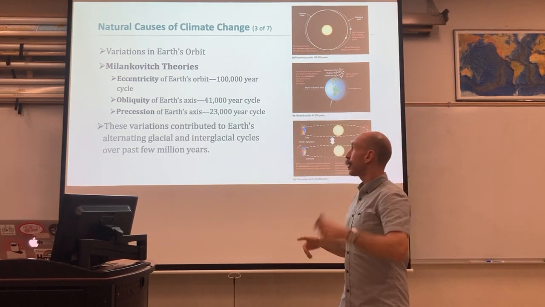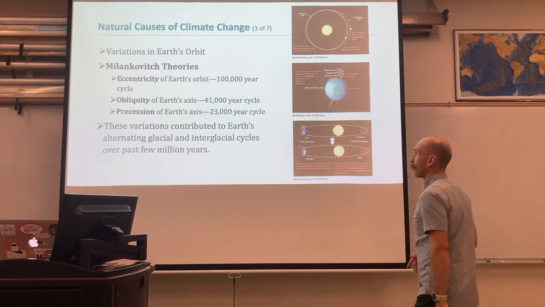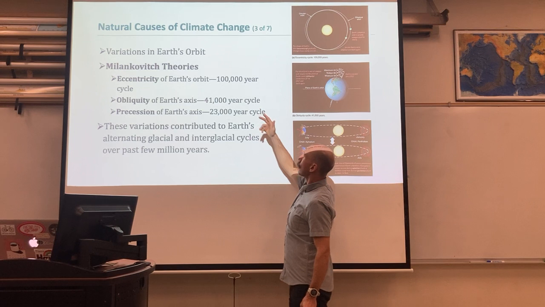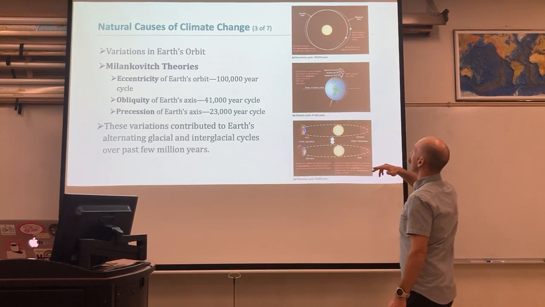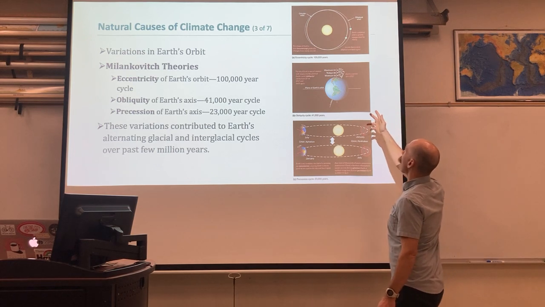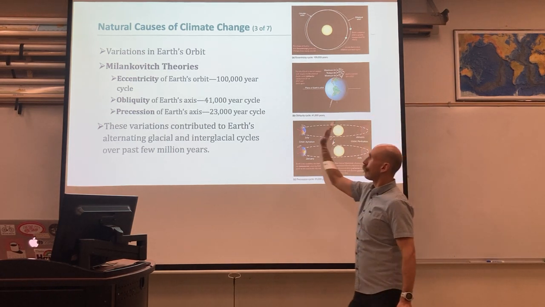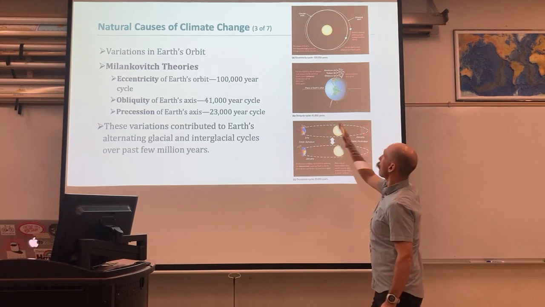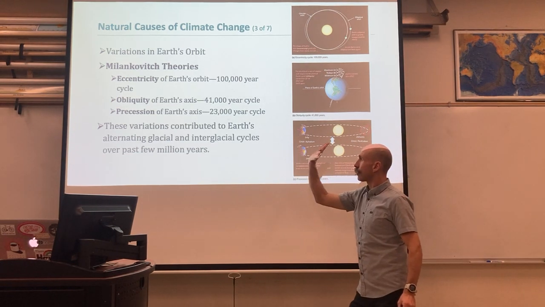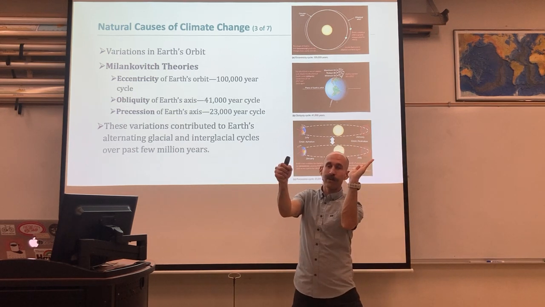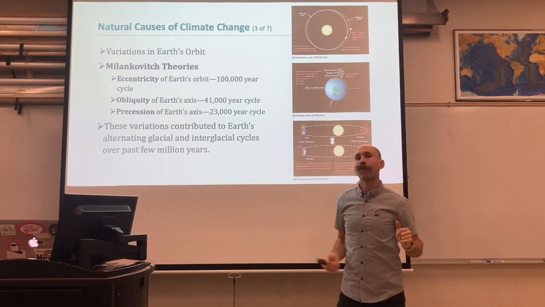It shifts once every 100,000 years or so. Earth has an obliquity, which shifts about once every 41,000 years. That's saying the angle changes between 22 and 24.5 degrees. Right now we're at 23.5, but the oblique angle to the sun shifts about once every 41,000 years.